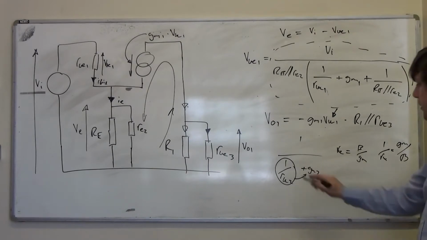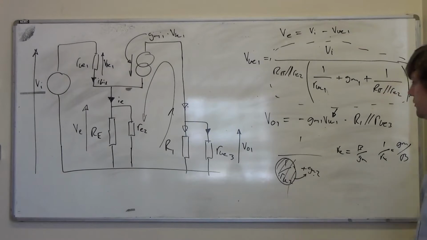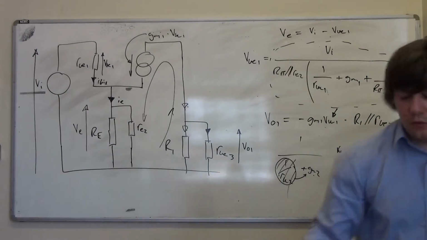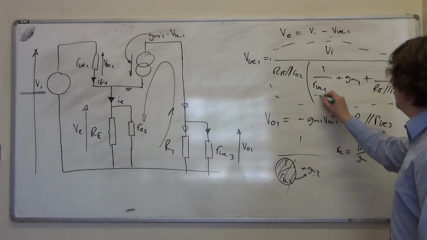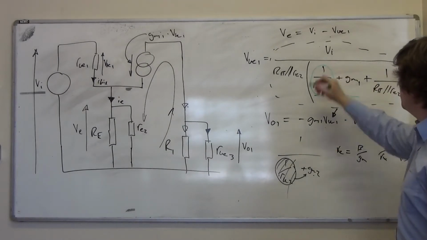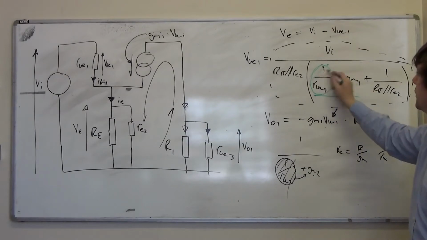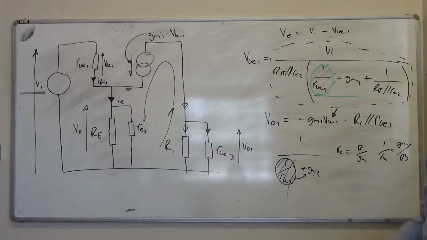Beta's usually pretty big, so this one is the smaller one, we can just get rid of it. Well, the same thing is true just here. We've got a 1 over RBE1 and a GM1, so this term goes away with only a small error.